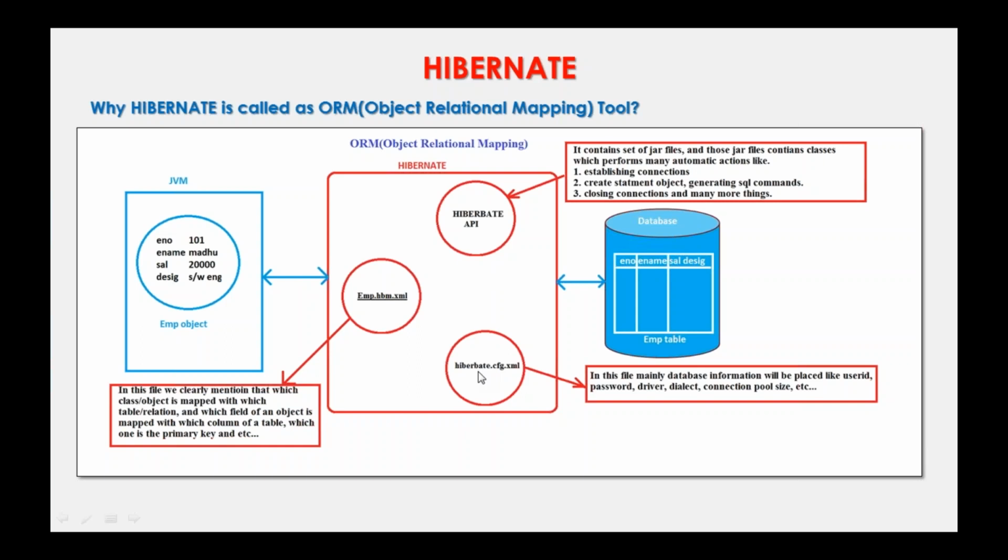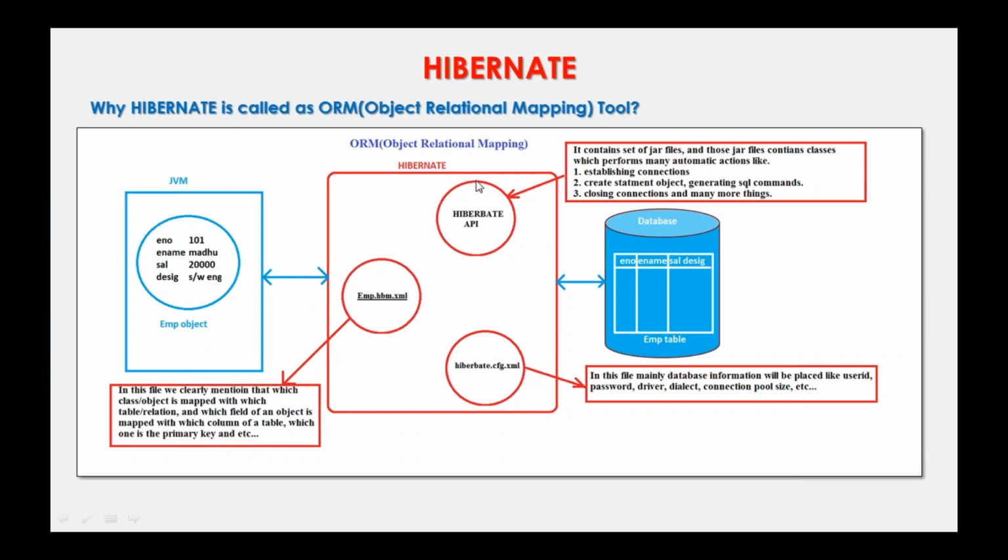If you mention the pool size here in the configuration file, if the pool size is 10, which means Hibernate will create 10 connection objects, and by using those objects only it can interact with the database. If you give the pool size 1, then the Hibernate framework will create only one connection object. Only that one object will be used by the Hibernate framework. Like that, you need to provide simply database information here in the configuration file.